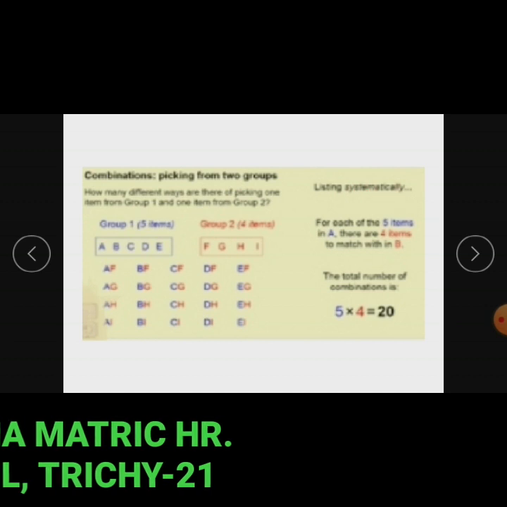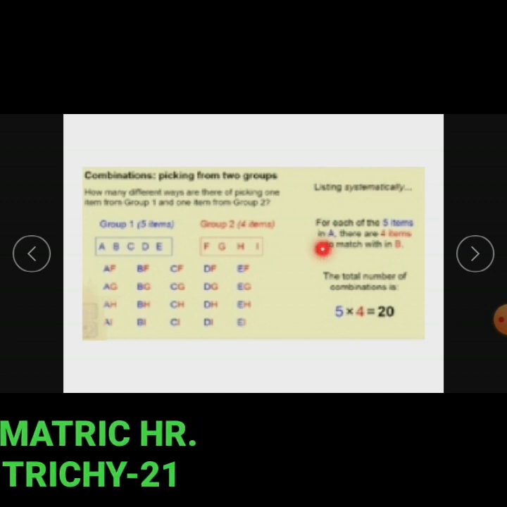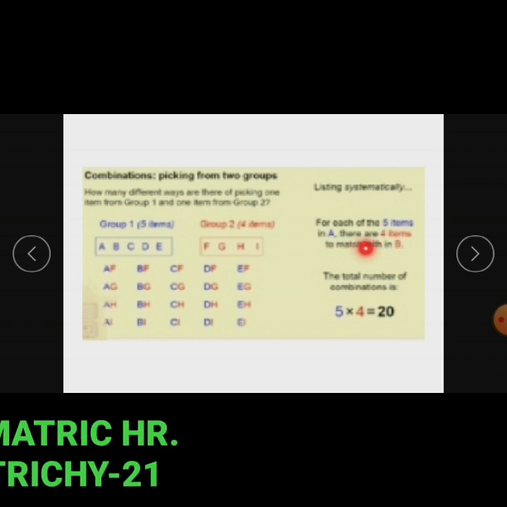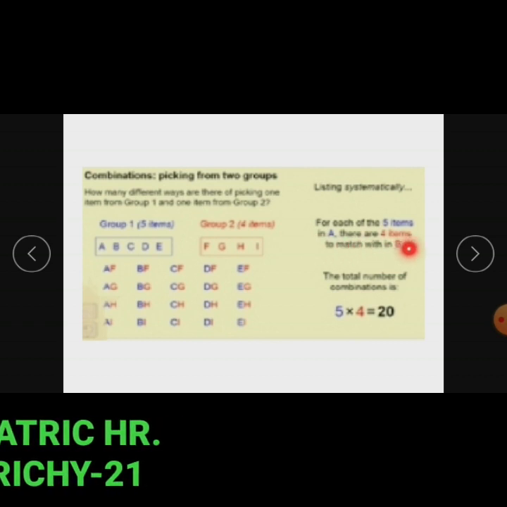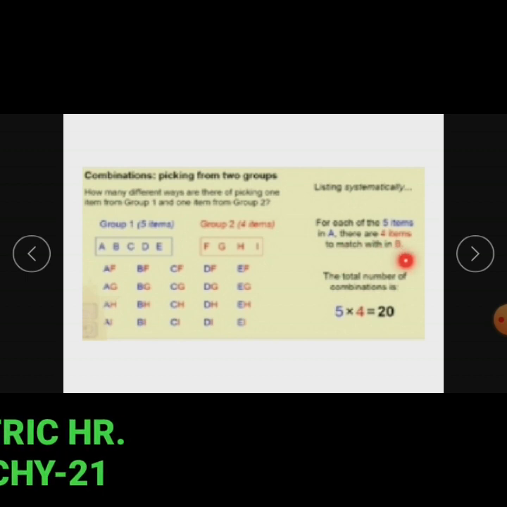Listing systematically, for each of the 5 items, A, B, C, D and E, there are 4 items to match with.